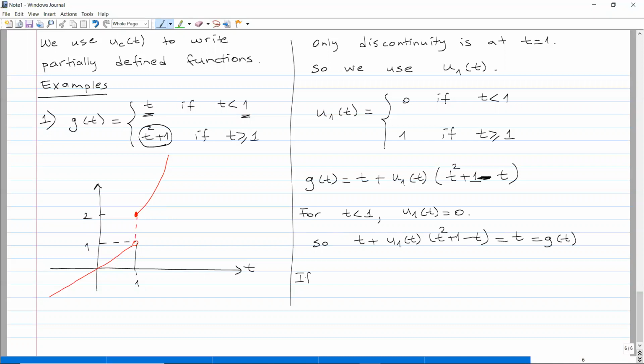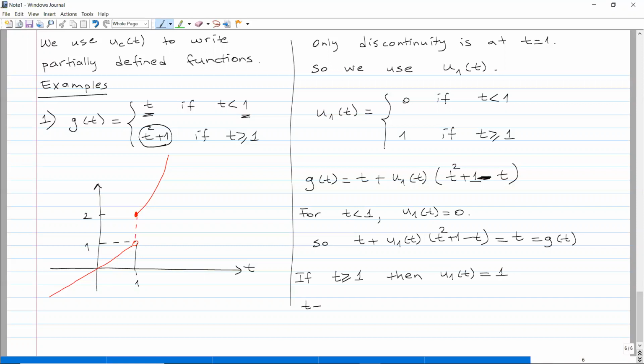Now, if t is greater than or equal to 1, then u1 of t is 1.